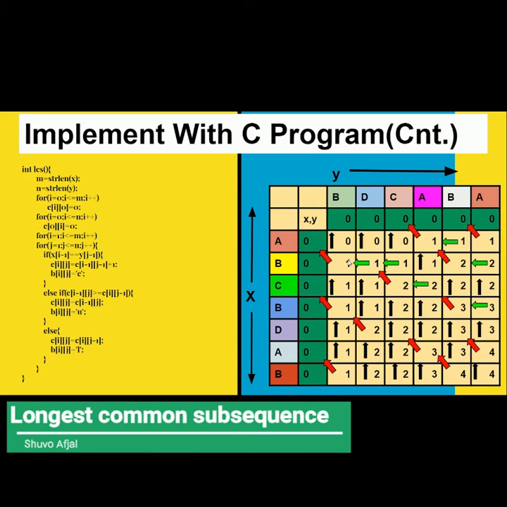If they match, we take the value from the diagonal corner, add 1, and represent it as C. If they don't match, we compare the upper and left values. If the upper is greater than or equal, we store the value from upper and represent it as U. If this condition fails, the third condition is that we take the value from the left and represent it as L.